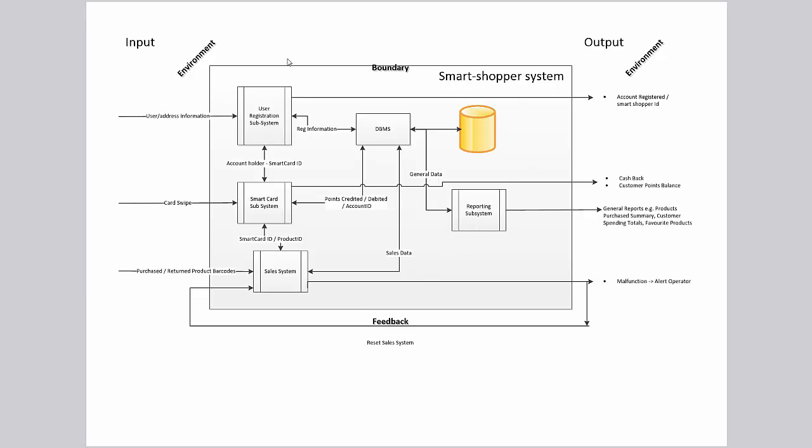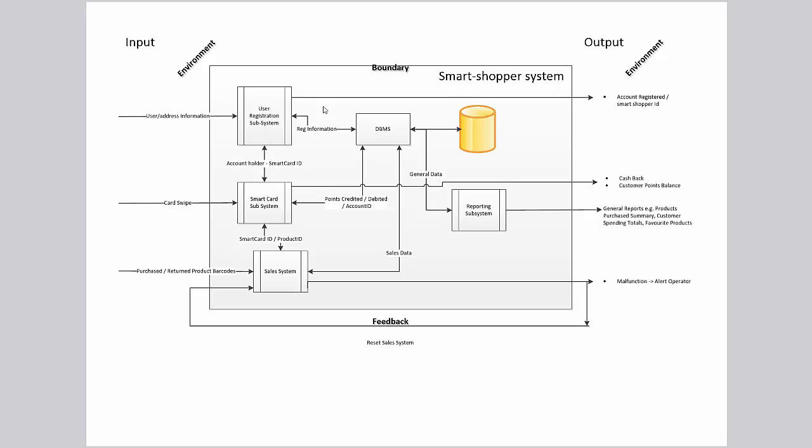So in this one basic diagram, you can see many of the different aspects of a system. The system has an environment, a boundary, it has inputs and outputs, and it has subsystems which interact in some way to process the data that is put into it and to produce an output.